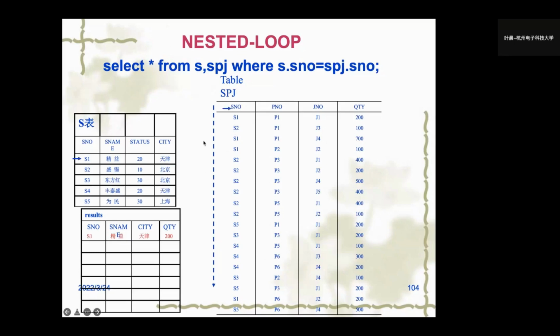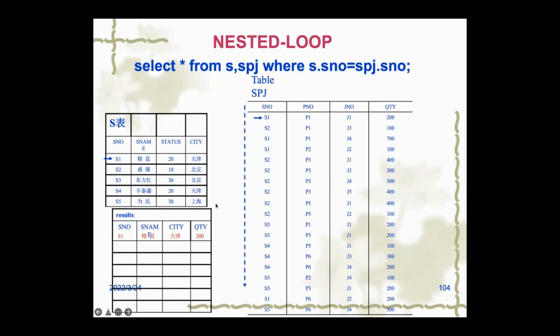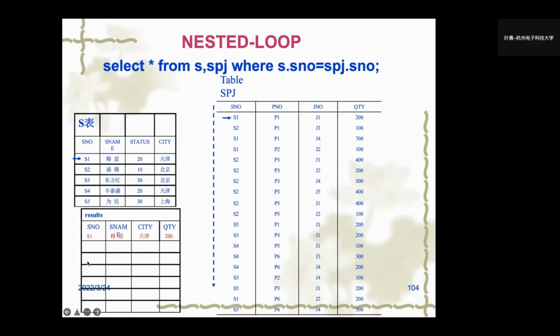So the results should be: if we have S1, we can have this, where these attributes are from the table S, and this attribute is from the table SPG.